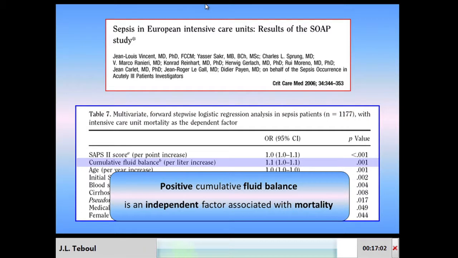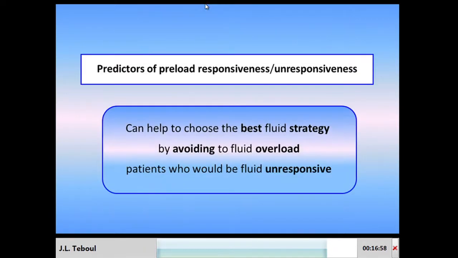This is the SOAP study, but many others confirm this. So it is very important to predict fluid responsiveness, to help choose the best fluid strategy by avoiding giving fluid and fluid overloading patients who would be fluid unresponsive, and 50% of patients are fluid unresponsive.